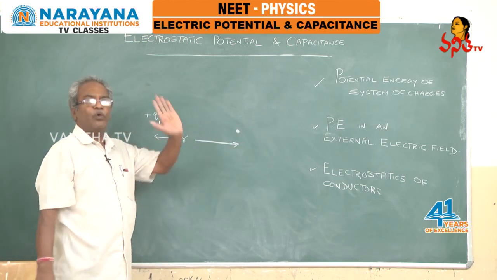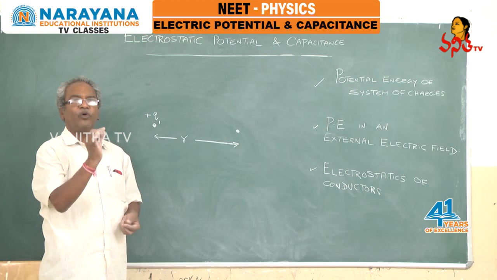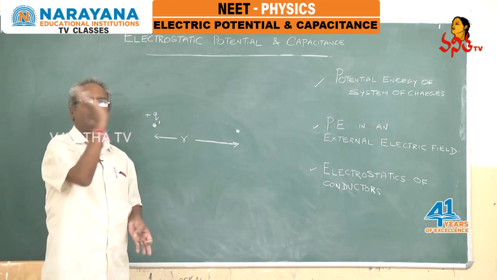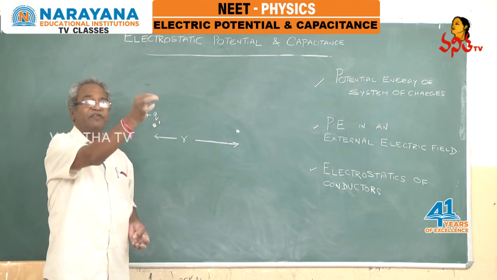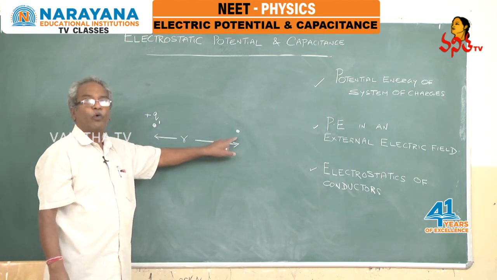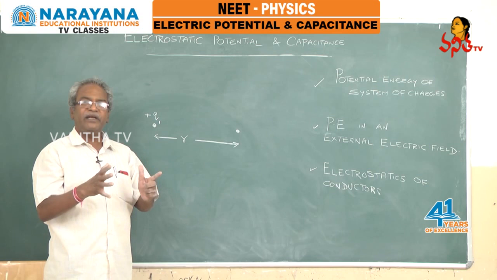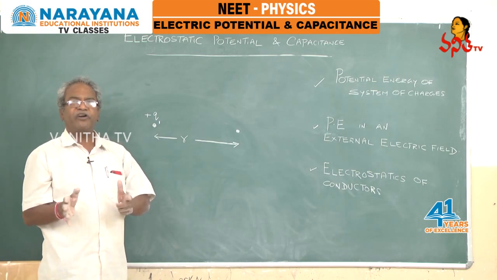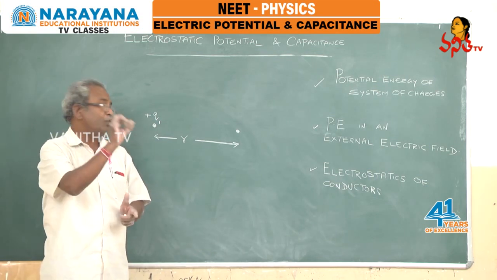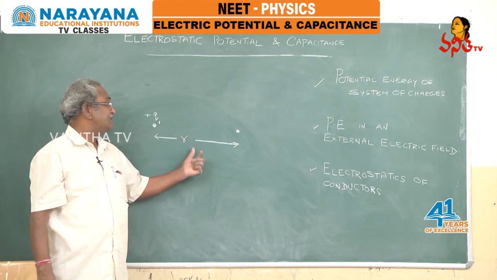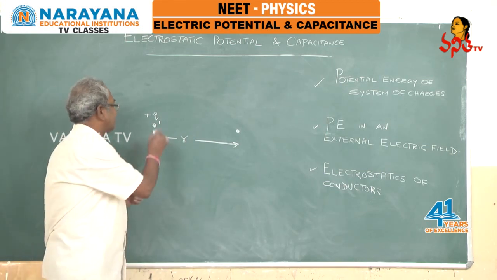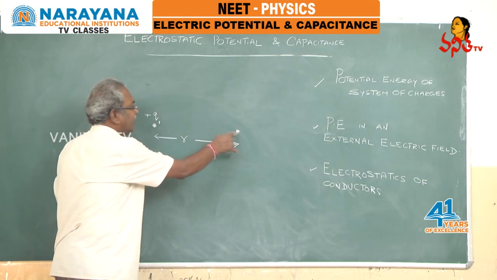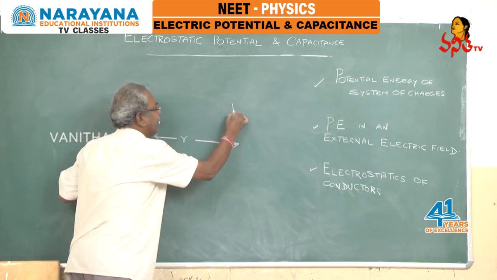Now, let us go to infinity, catch hold of another point charge Q2, bring it and put it over here. That is the meaning of grouping 2 point charges Q1 and Q2 with a separation of distance R between them. Before that, because of this charge Q1, what is the potential here?